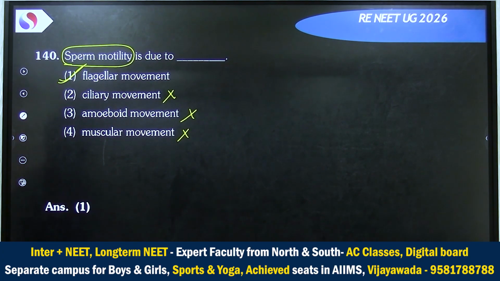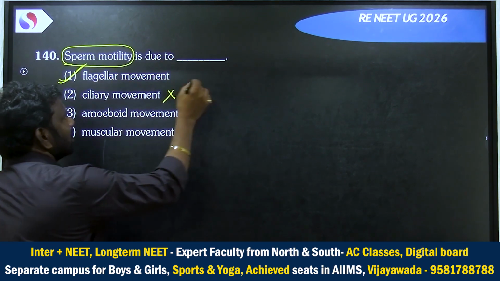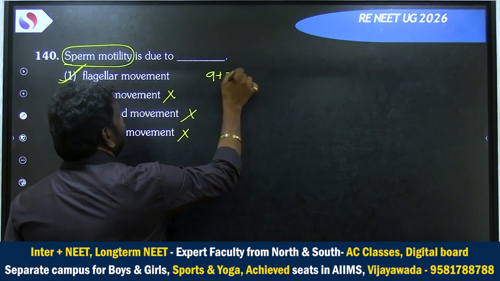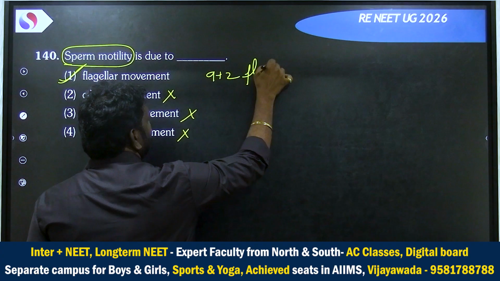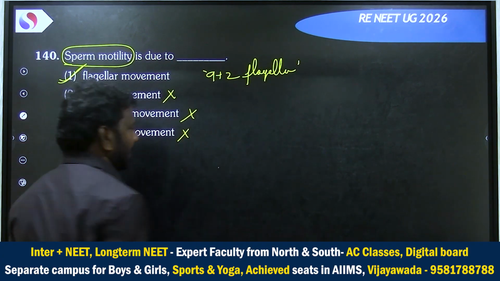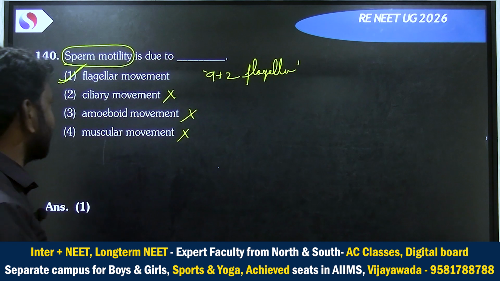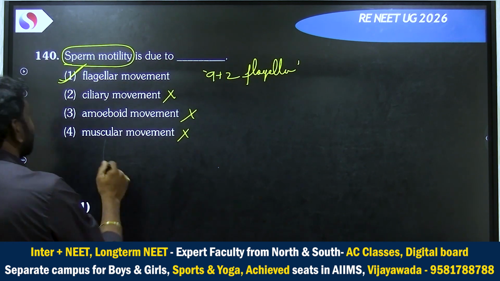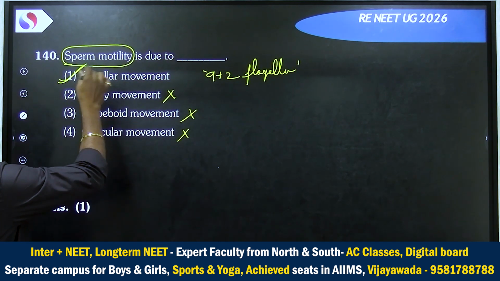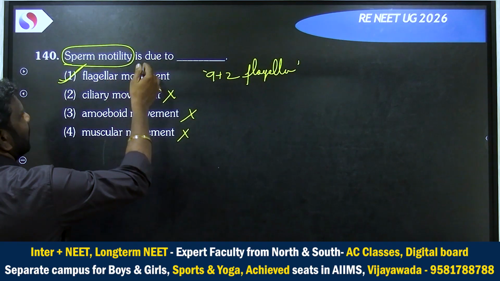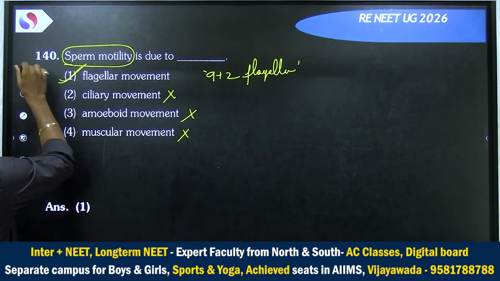The human sperm contains a 9 plus 2 flagellum, 9 doublets and 2 singlets. The correct answer is the first option. So sperm motility is due to flagellar movement only.